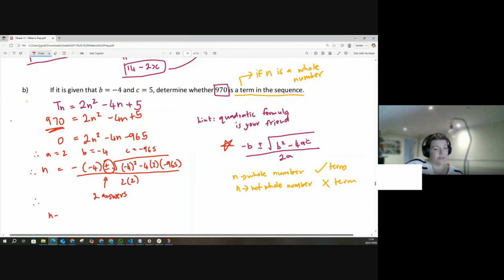So n is going to equal 22.99, or n is going to equal negative 20.99. Both of these are decimals, which means n can't equal either of them. So therefore, no, 970 is not a term in the sequence.